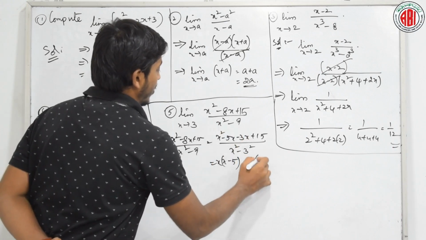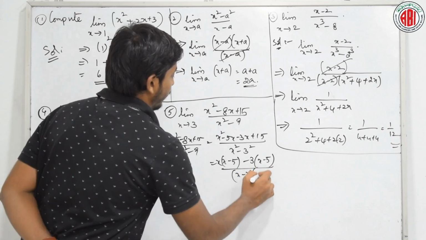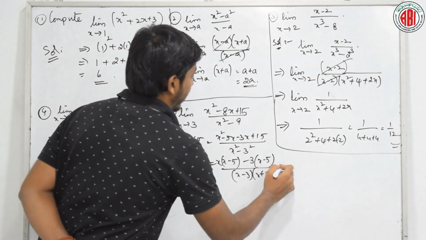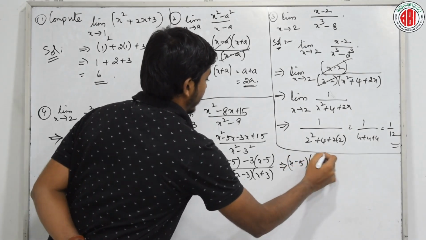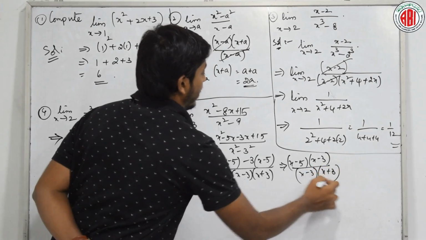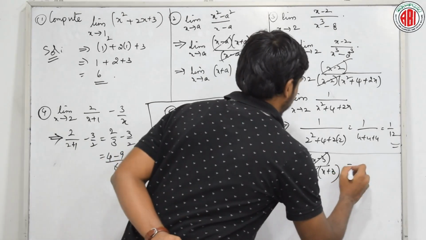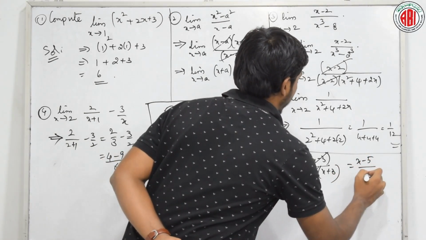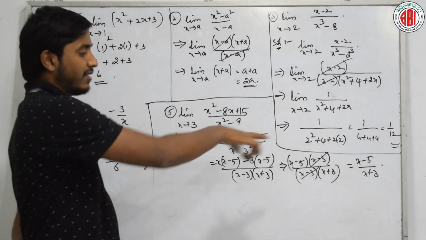Here if I take 3 common, that will be x minus 5. The denominator is (x minus 3) into (x plus 3). Let us take x minus 5 common. What will be left? (x minus 3) by (x minus 3)(x plus 3). x minus 3 gets cancelled. What is left? That is (x minus 5) by (x plus 3). Is there any chance of getting 0 there?